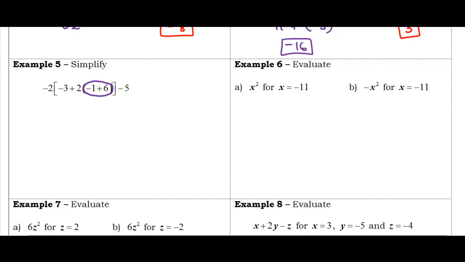We have to be able to see that, right? And what is that? 5. Then I'm going to keep the 5 in parentheses, write the 2 outside of it, and all I'm going to do is copy everything else around it.